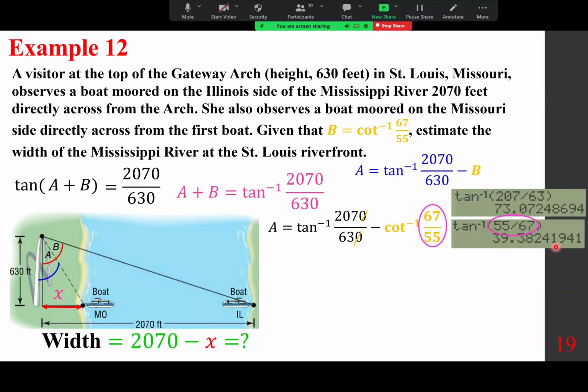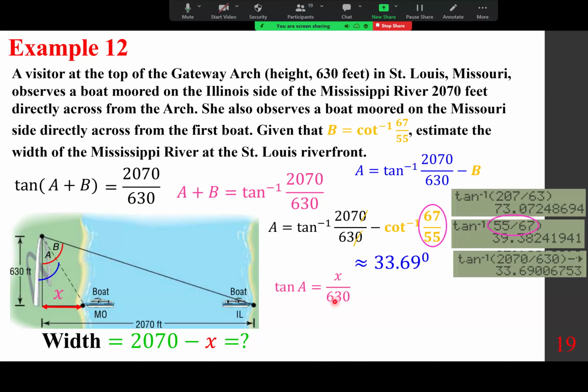So the difference between these two numbers: you subtract this from there, you put it into a calculator, and it gives you 33.6. If we stop here, 33.69 degrees. So that's A. We are in good shape. Tan of A is the opposite x over the adjacent 630.